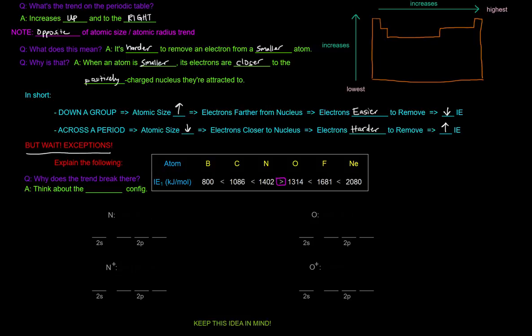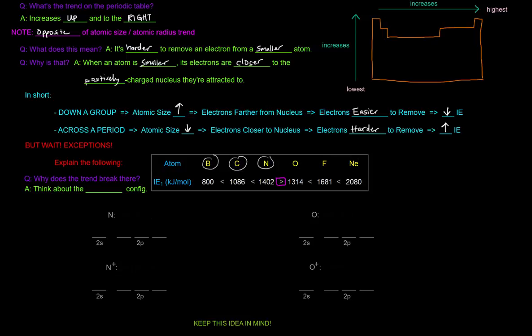There are exceptions. So this problem asks us to explain the following: why does the trend break here? If you have a periodic table, it might be useful to look at. At the top right of the periodic table, we've got boron, carbon, nitrogen, oxygen, fluorine, and neon in the second row.